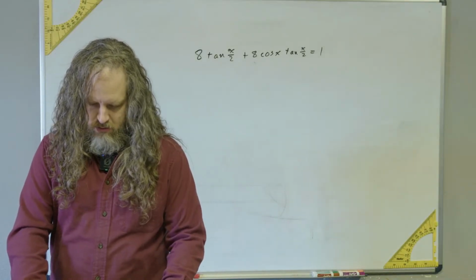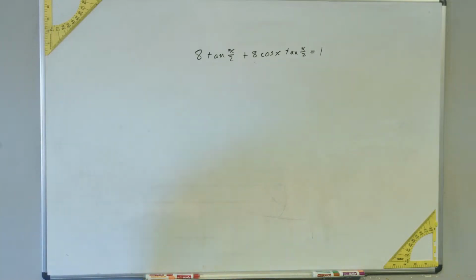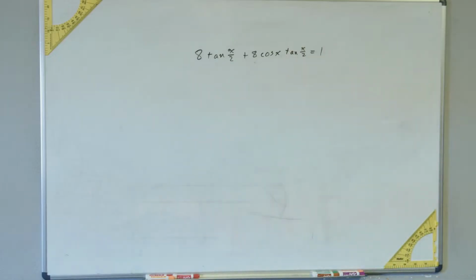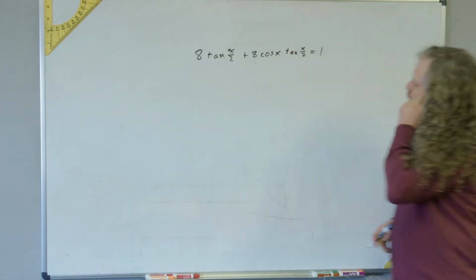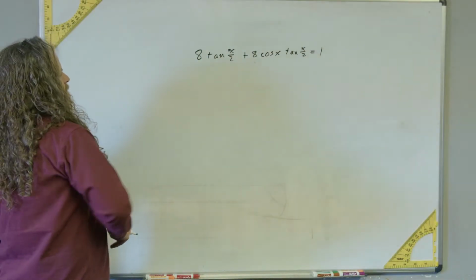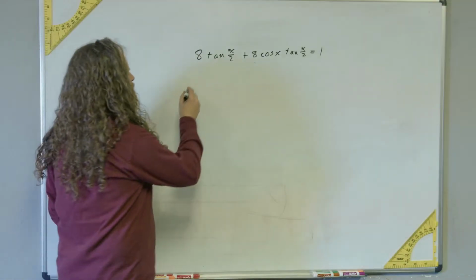This one doesn't just cancel everything immediately. That's depressing. When things cancel immediately, it makes me happy. It's easy. We can factor. How do we factor immediately?